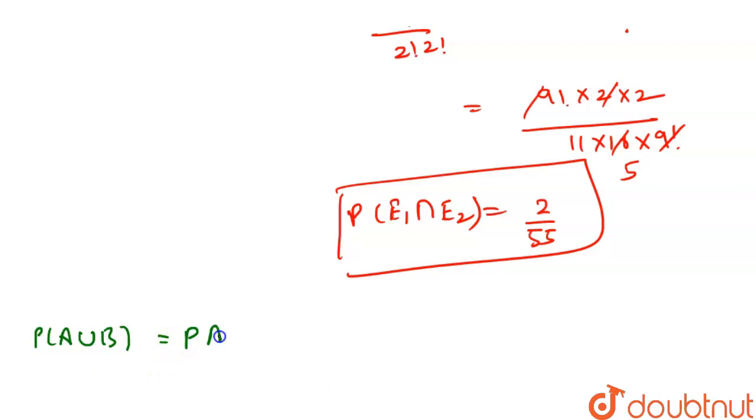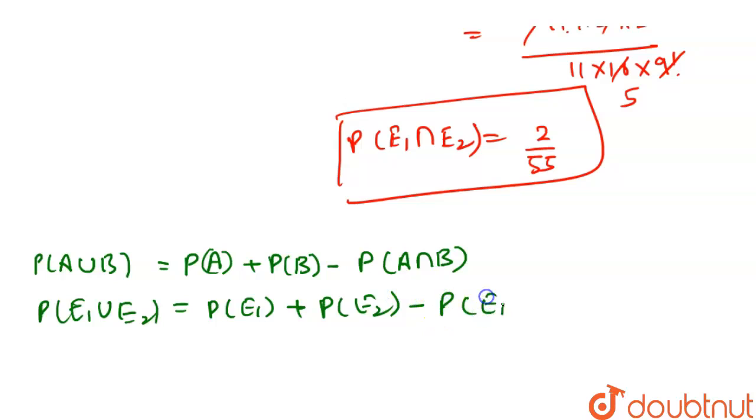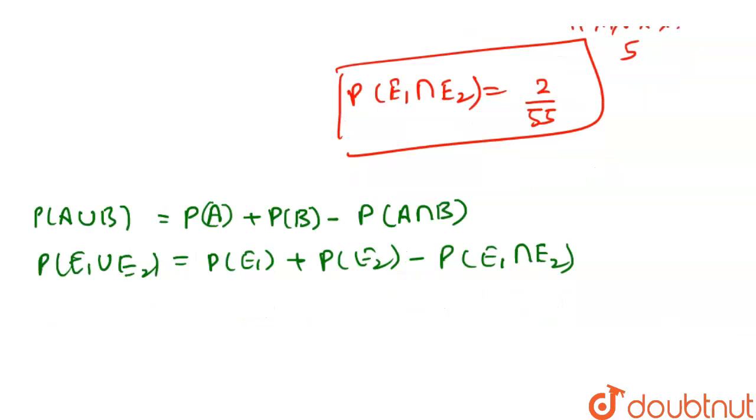So we write P of A plus P of B minus P of A intersection B. Here our A is E1 and B is E2. So P of E1 plus P of E2 minus P of E1 intersection E2.